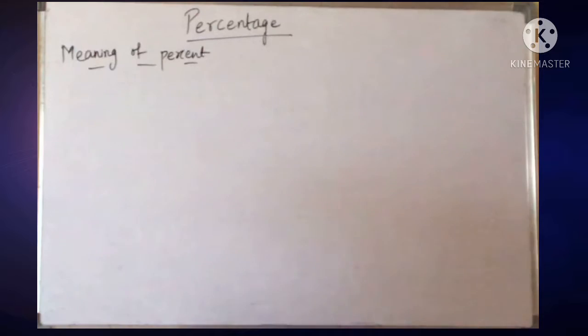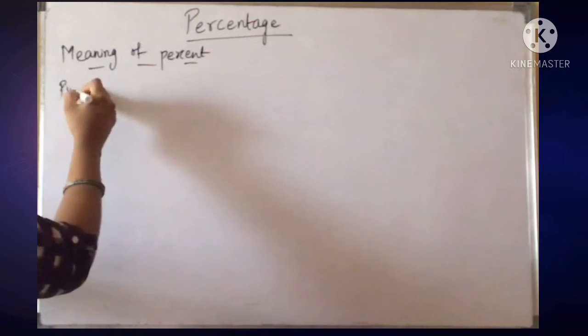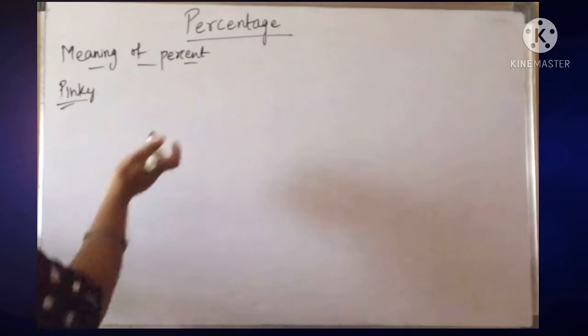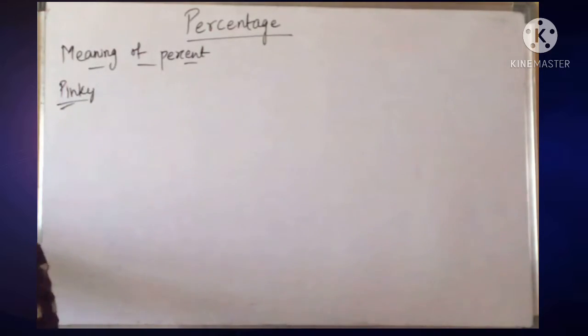Before explaining the meaning of percent, I would take one example, children, so that you will understand clearly. Suppose Pinky, the name of one girl, got marks in 4 monthly tests of mathematics.